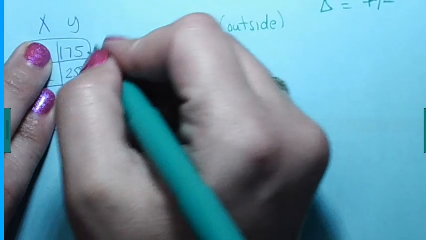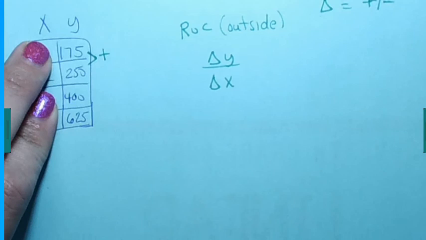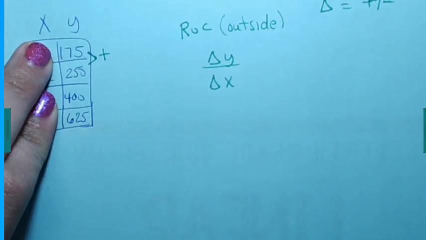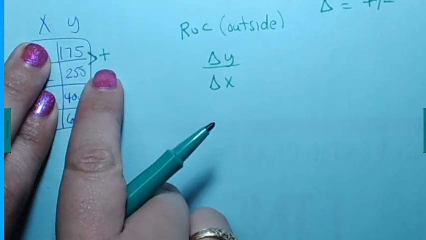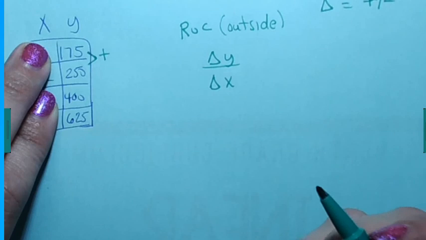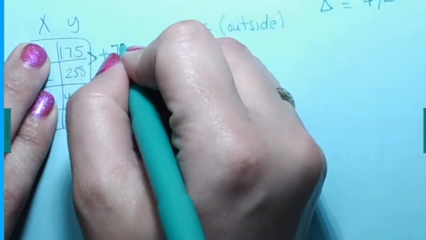I'm adding. And now you have to figure out how much you added. The easy way to do that is to subtract. Think backwards. You can use your calculator, but I want to know, how do I get from 175 to 250? Plus 75. Good. Thank you.